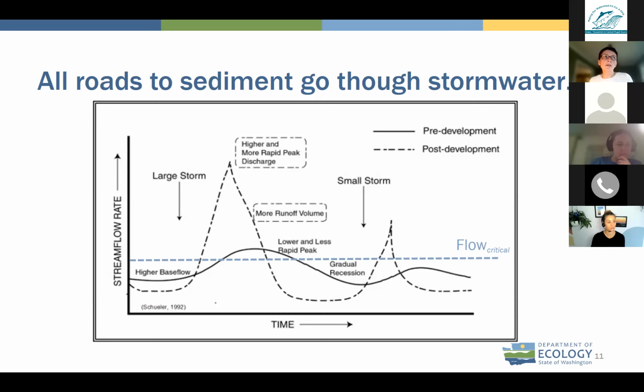This is really important to understand because we are not only interested in sediment coming from upland, but we are also interested in erosion that is happening in stream. And this portion can actually represent a high source of sediment to the system.